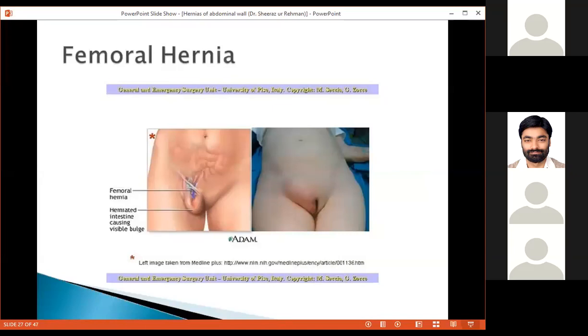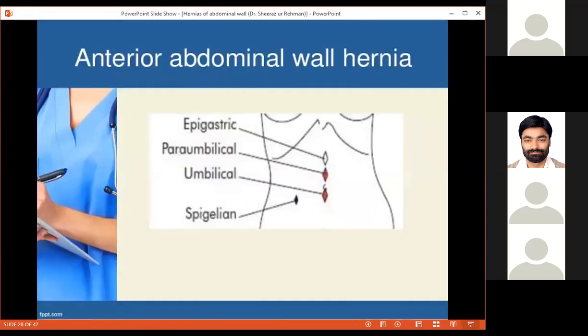Femoral hernias at times are very nasty because they mimic many of the groin swellings. There are lymph nodes there, there is fat there, sometimes there is lipoma present. So it creates a challenge. Many of the patients with femoral hernia present with signs of strangulation, so early surgery is warranted.